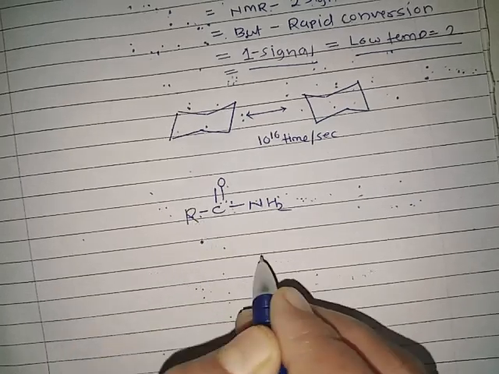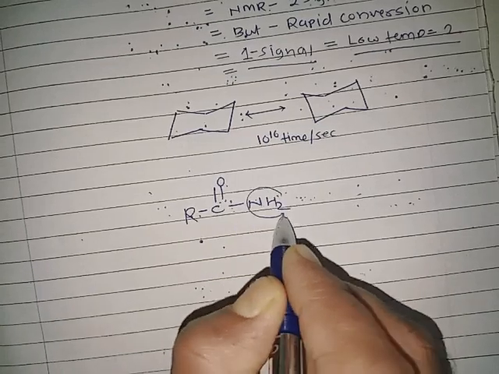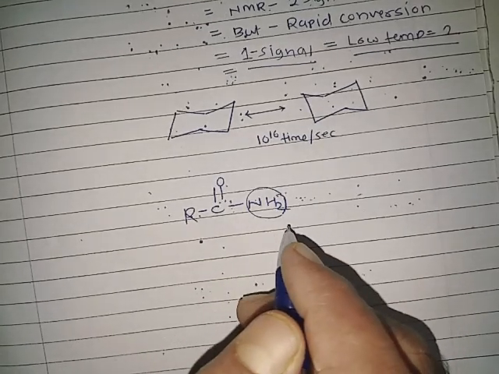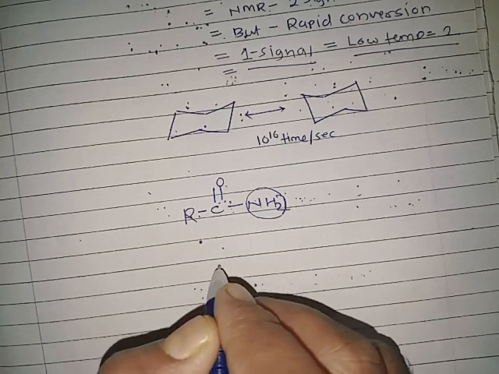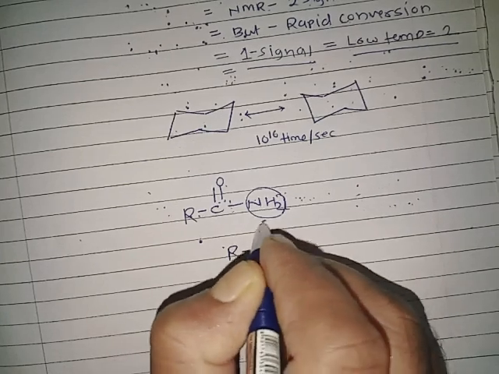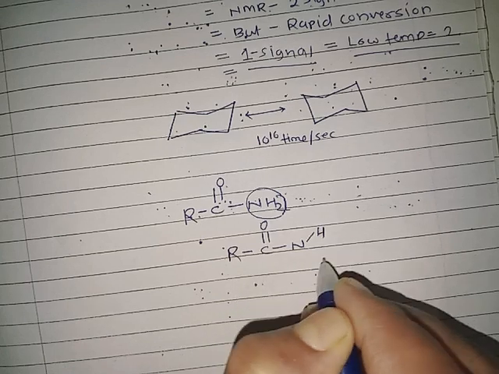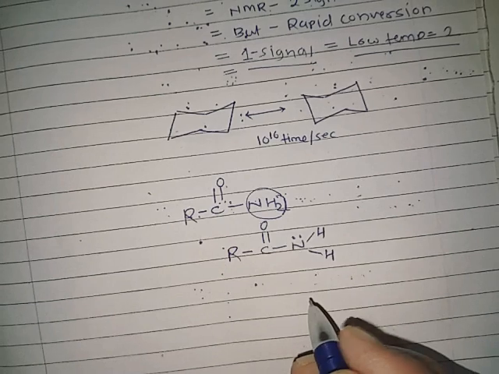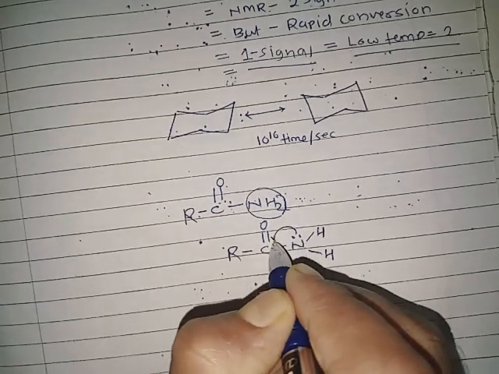Now if you have this type of structure, then what about these two protons? Whether these two protons are identical or not. If you draw the line structure, you can see this structure looks like RCONH2, and this nitrogen contains a lone pair of electrons, and this lone pair is in resonance with the carbonyl group.